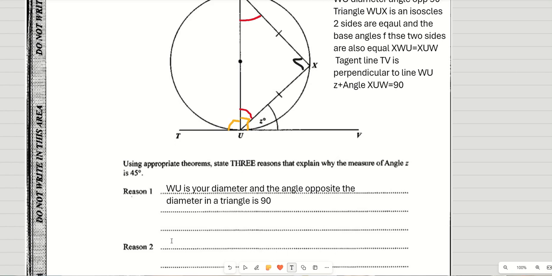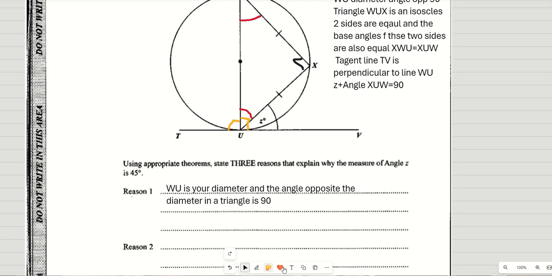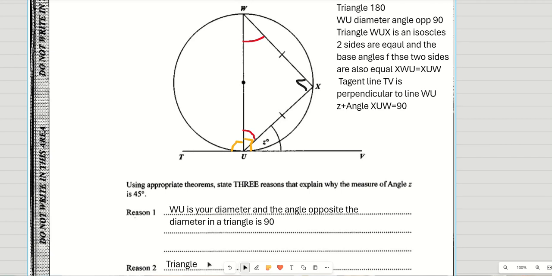Your next reasoning would be the triangle. Triangle WXU is equal to 180.